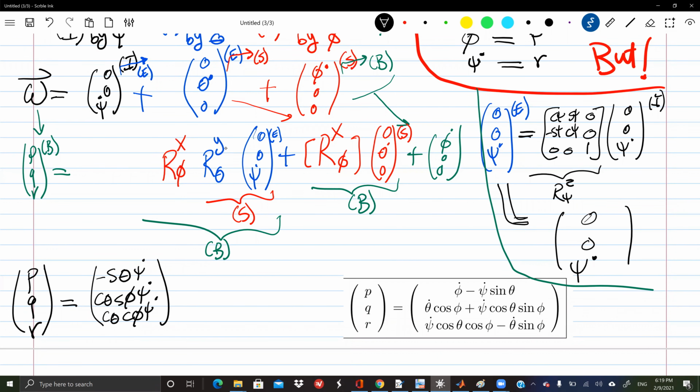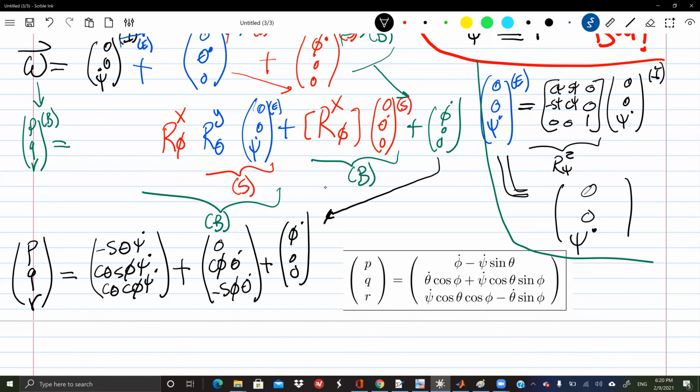This is after the multiplication. Because the first term is all related to psi dot, plus the second, which was related to theta dot. This was 0, cosine phi theta dot and negative sine phi theta dot. The third will come as is, right? This guy was already in the body frame. So this is plus phi dot 0, 0.